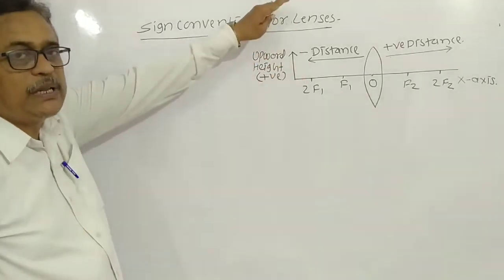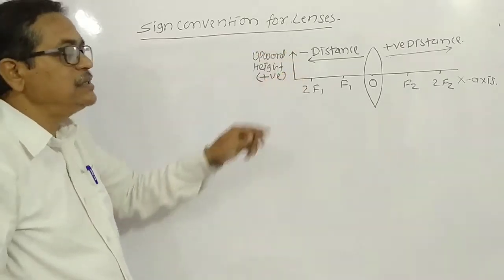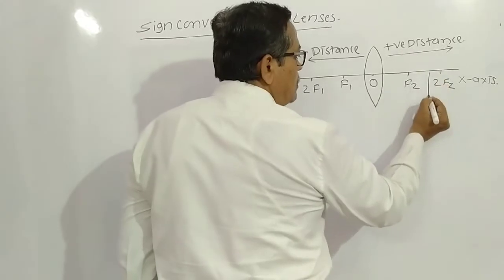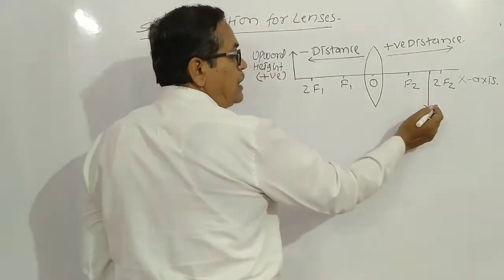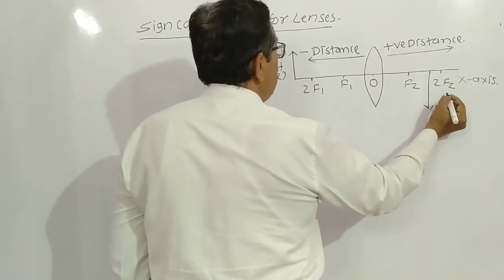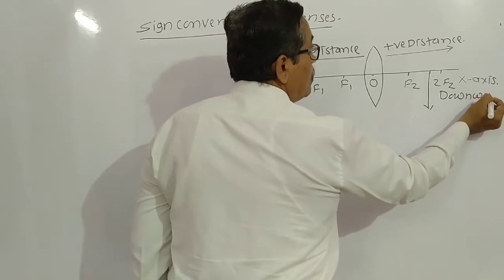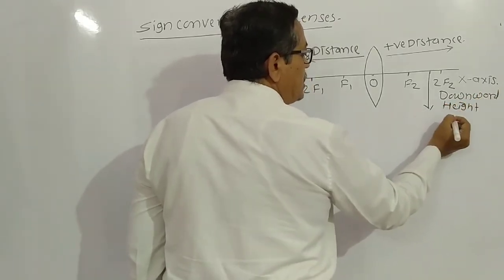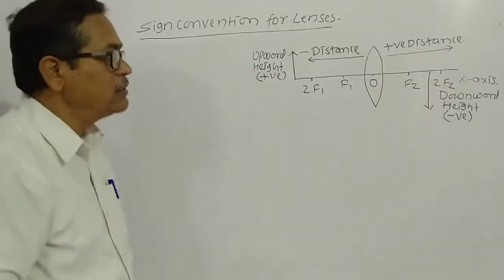Means height above the principal axis, look towards the arrow, that height above the principal axis is positive height. Then height downward below the principal axis, look towards the arrow, that downward height is negative height. Height downward is negative.